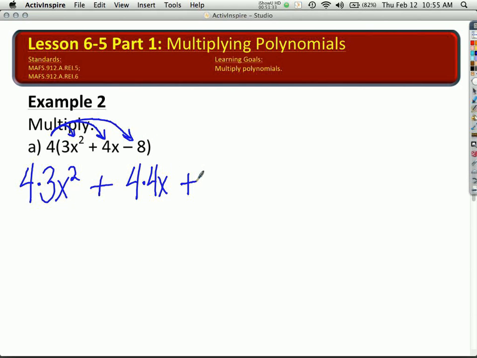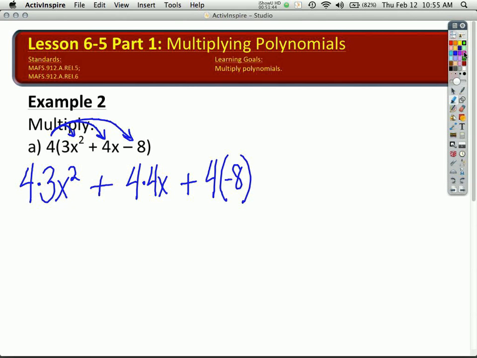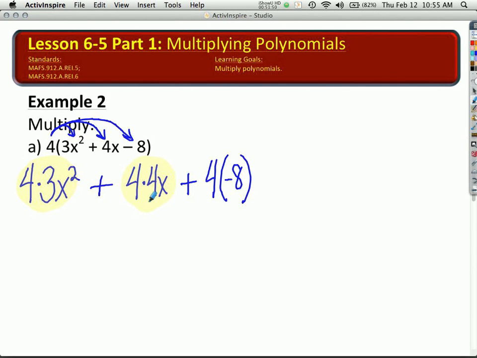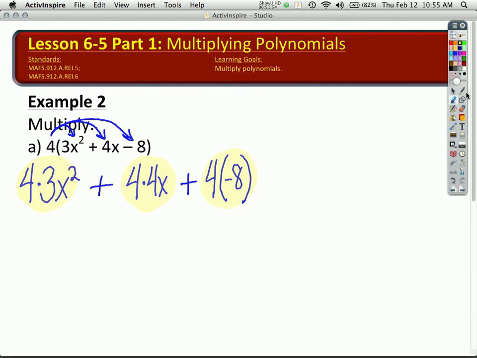So really there's another plus sign. And this is 4 times negative 8. Like that. So we did distributive, so we followed one rule. But now we have to follow the rules for that, follow the rules for that, and follow the rules for that. So what do we get when we do 4 times 3x squared?